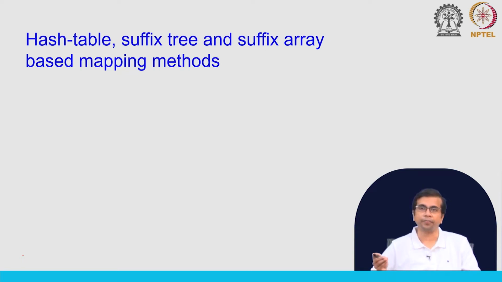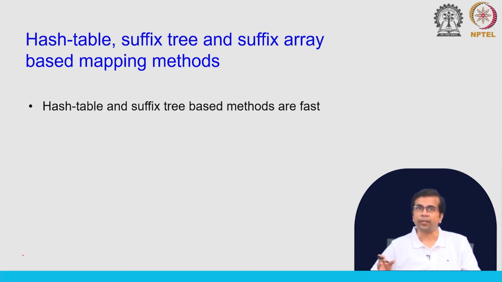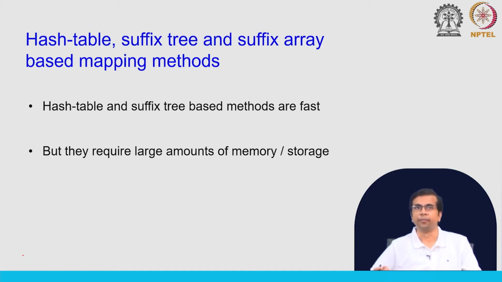To summarize, hash table and suffix tree based methods are really fast. We can map very quickly, and if you compare with BLAST or BLAT or even brute force, these are incredibly fast.